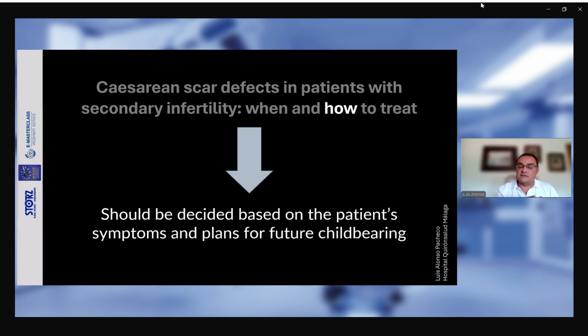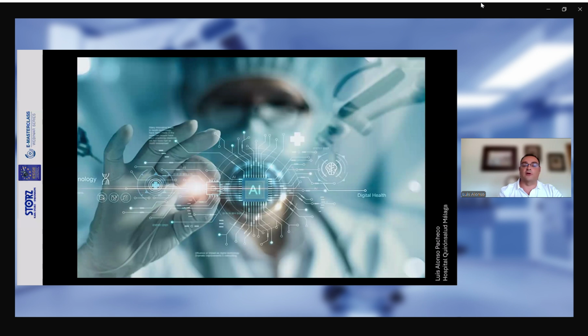And in cases in which we need surgery, keep in mind those 2.5 millimeters of residual myometrial thickness. Coming back to this slide, in cases of symptomatic cesarean scar defect, it is crucial to individualize the case and to provide personalized medicine tailored to the patient. Thank you very much.